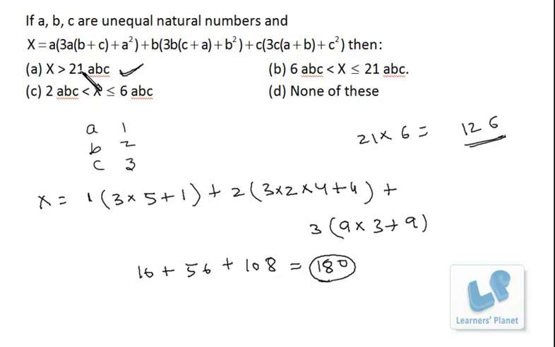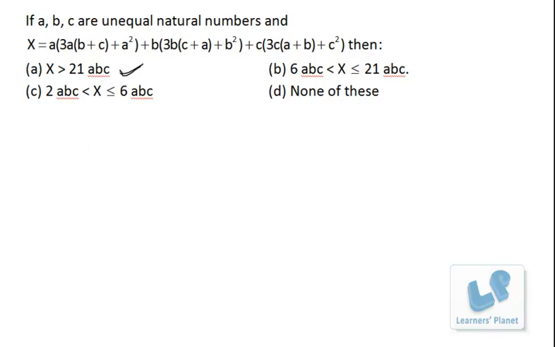Apart from that, as I have already told you, you can take all 3 values of a, b, c as 1, so you'll be getting the minimum value of x. Okay, so let's do that. a, b, c all of them are 1.